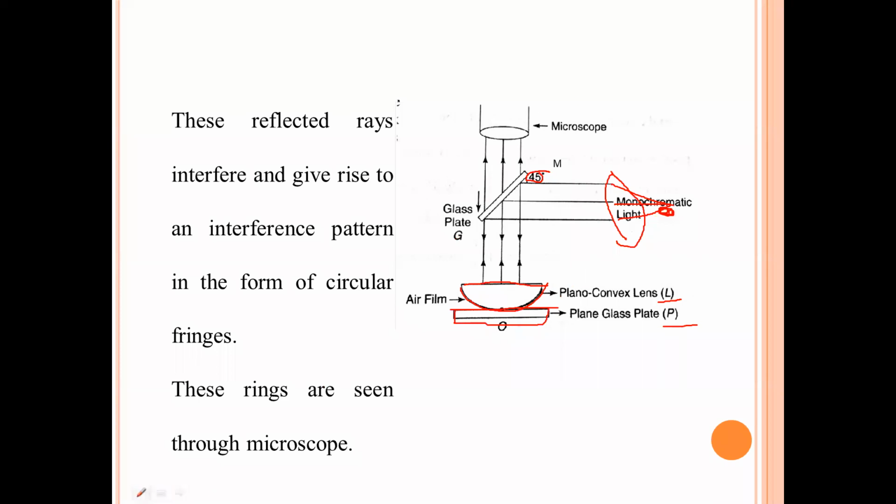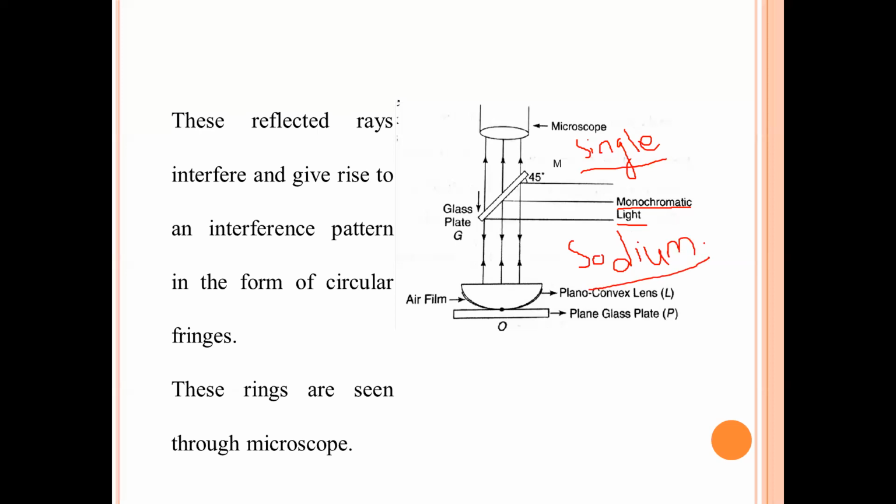Already I said what the meaning of monochromacity is: monochromacity means single color. So here we use a sodium lamp, yellow in color. Okay.